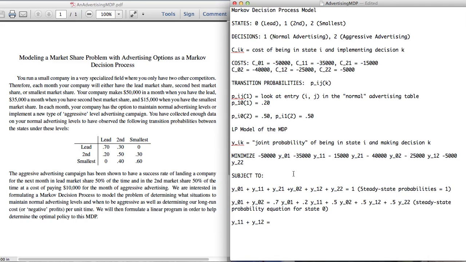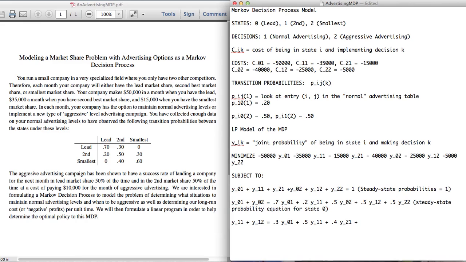Under normal advertising levels, I have a 30% chance of going from the lead to state 1, a 50% chance of going from state 1 to itself, and a 40% chance of going from the smallest and ending up in state 1. So we're going to have 0.3 Y01 plus 0.5 Y11 plus 0.4 Y21.